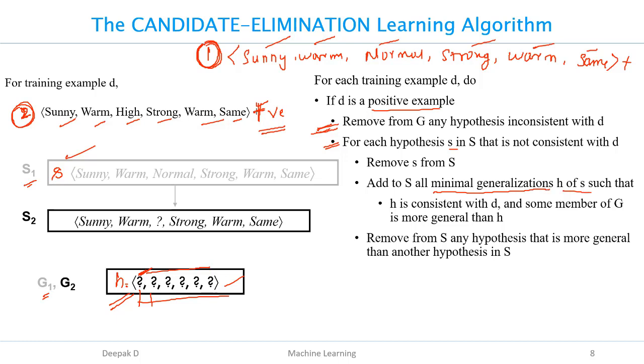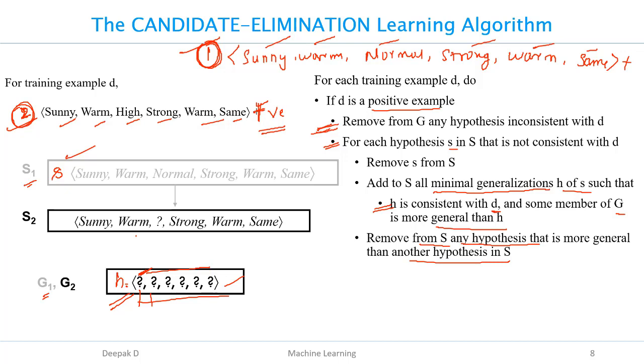The condition is that the hypothesis should be consistent with D, in the sense of the first instance and also the second instance, and some member of G is more general than h. That is, you have to replace it with the more general constraint of h in G. So that is your second step. And the third step is you have to remove from S any hypothesis that is more general than another hypothesis in S.